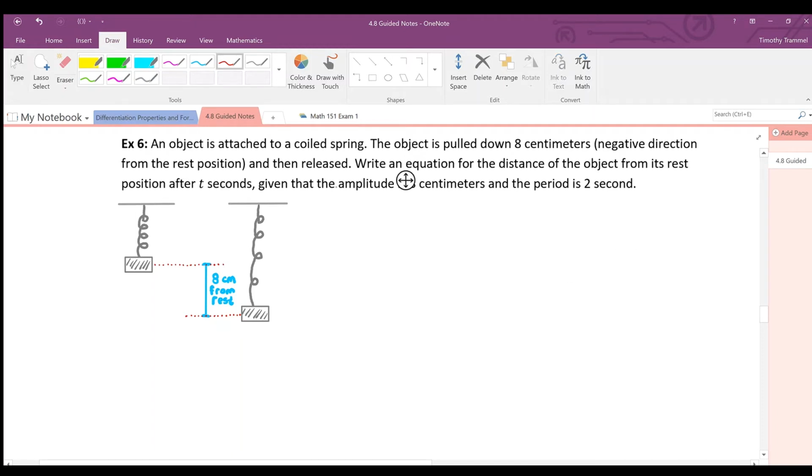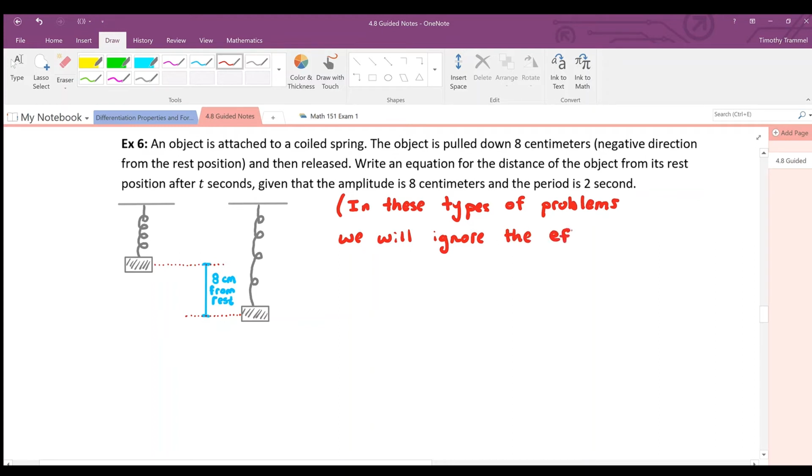Okay. One thing I want to point out before we go any further with this problem, and that is when we're doing these types of problems, we will ignore the effects of air resistance and friction.